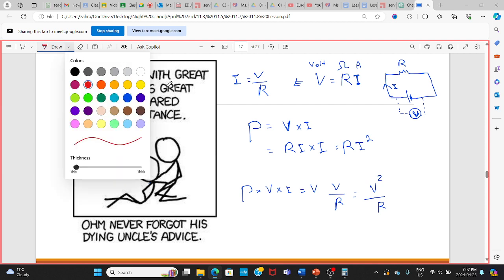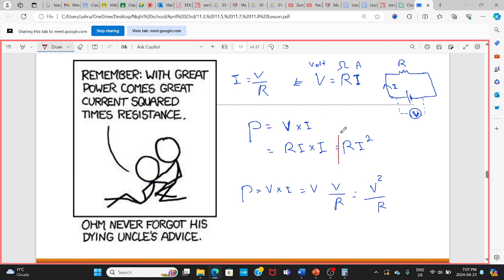That would be nice to remember. Okay. These three equations are the same. P is V multiplied by I, or R I to the power 2, or V to the power 2 over R.